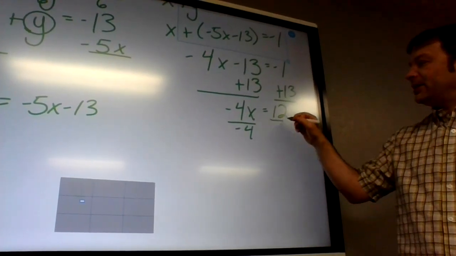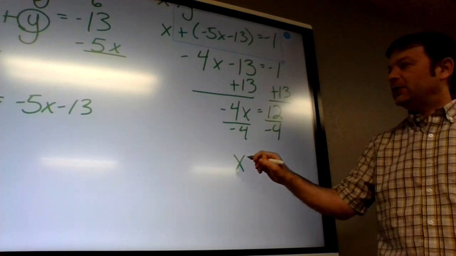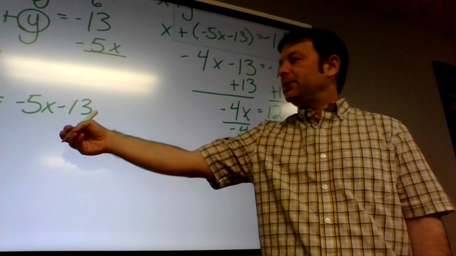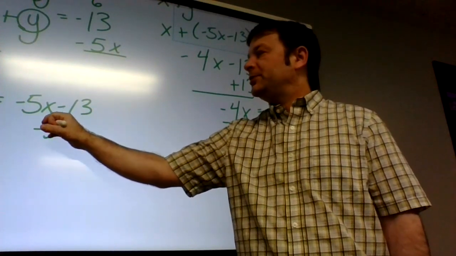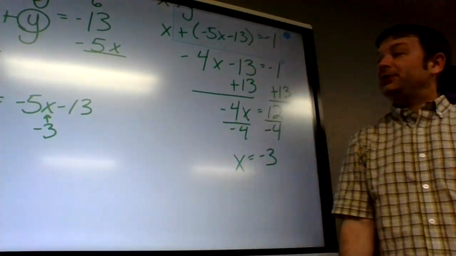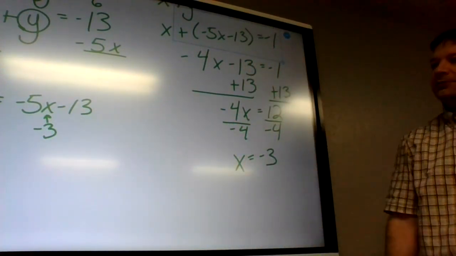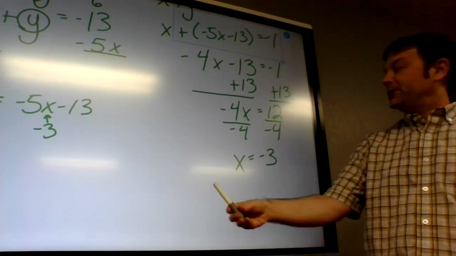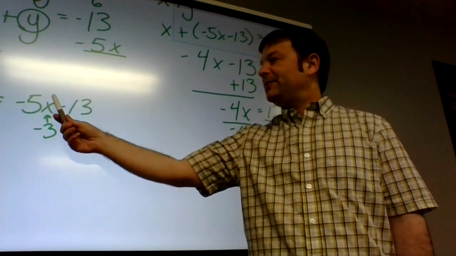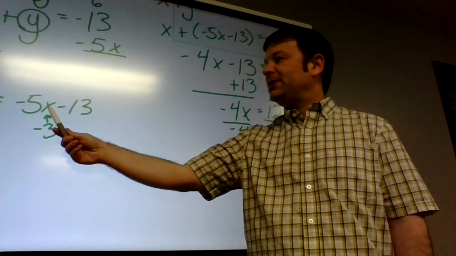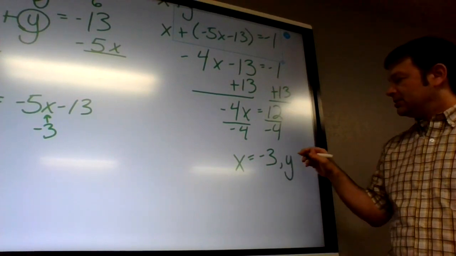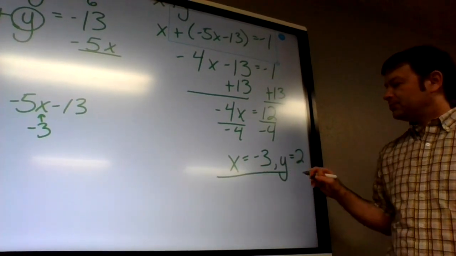Okay, so I got x is -3. And there's a handy equation to plug it in right there. All of these should give you the same answer, by the way. Any equation you plug in, if it's a correct equation, if you didn't screw it up when you changed it. -5 times -3 is 15 minus 13. Y equals 2.